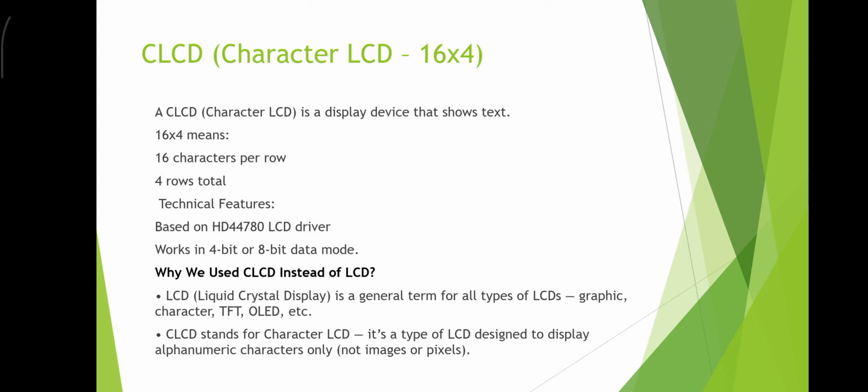In particular, in our project, why did we use a CLCD instead of an LCD? We already know about LCD. The LCD is a liquid crystal display. It is a general term for all types of LCD like graphics, character, TFT, OLED, etc. But a CLCD is a character LCD, and it's also a type of LCD, but it will only display alphabetic and numeric characters.